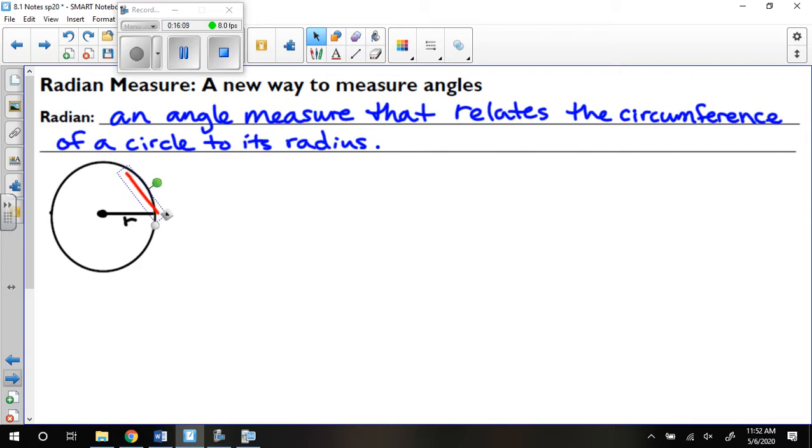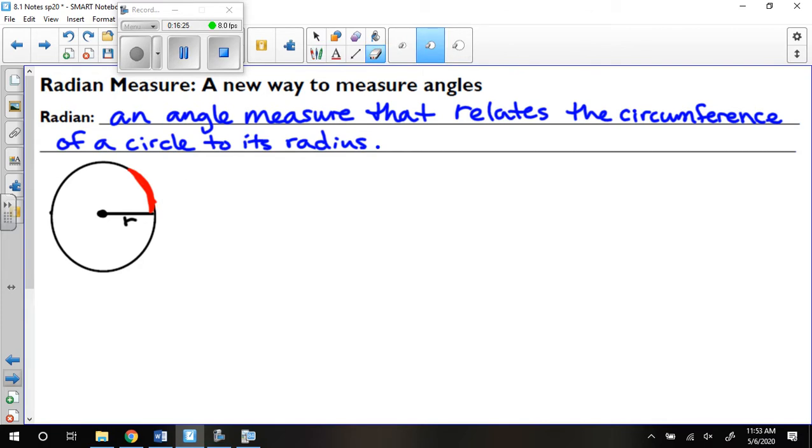Hopefully you know what I'm talking about here. I'm taking this radius length and curving it so that it fits along the circumference of the circle. Let me get rid of this little tail here.